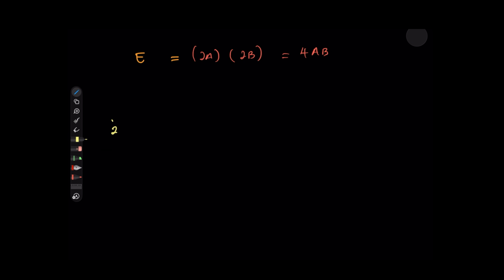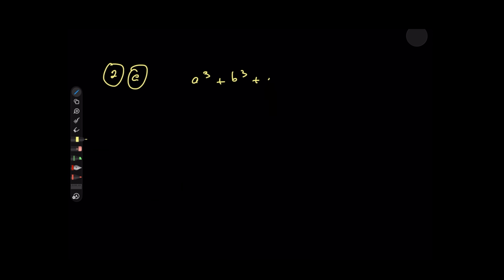This is number 2, part A. The statement is A cubed plus B cubed plus AB, right? And we have to determine whether this thing is divisible by 4, for some, for none, etc.